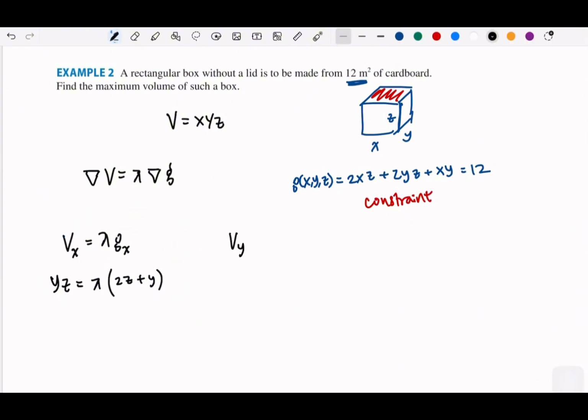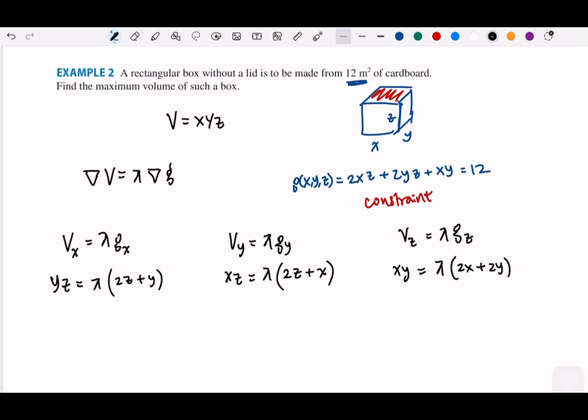So this is v_y equals lambda g_y: xz equals lambda times (2z plus x), right? And then v_z equals lambda g_z: xy equals lambda times (2x plus 2y). Okay, now we need to solve this.